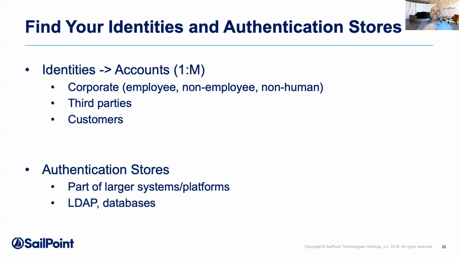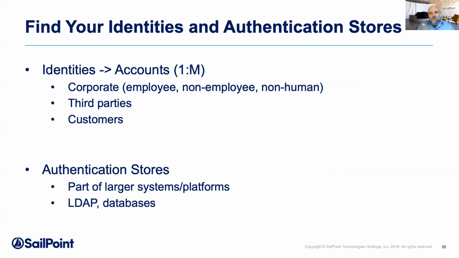But from an identity governance perspective, you've got to step back and take it one layer higher. I'm not just looking at accounts. I'm looking at flesh and blood people. Me, Jerod, right? At the company I work for, I have multiple accounts, and I have different entitlements in all these systems where these accounts have access.